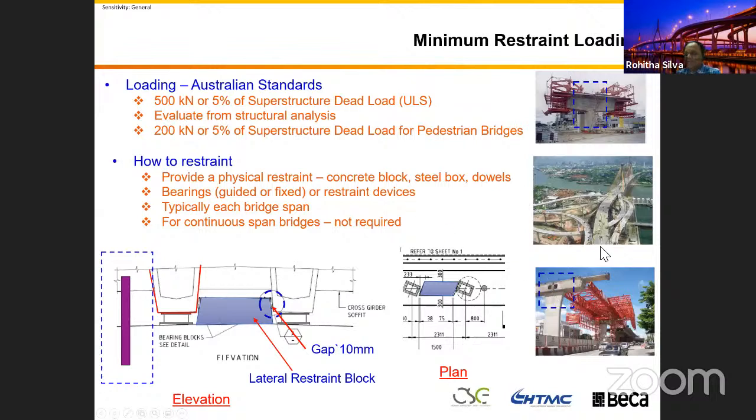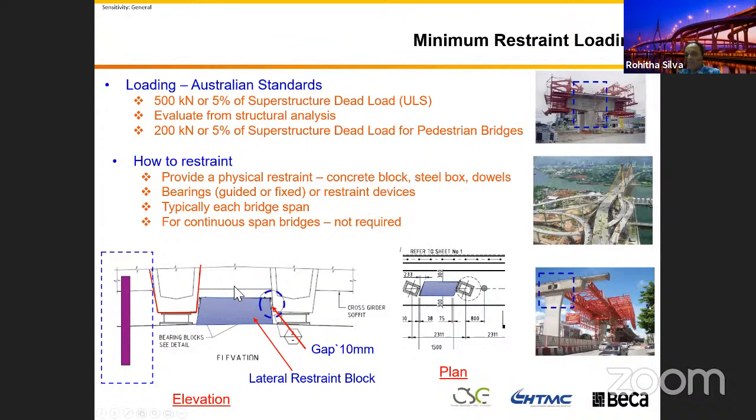So in this situation, you don't need a lateral restraint system in the bridge. We provide this lateral restraint system in terms of a concrete block. Sometimes we use a steel box. If you design steel bridges, we provide the lateral restraint with what we call a bearing box within the bearing, and that will restrain it.